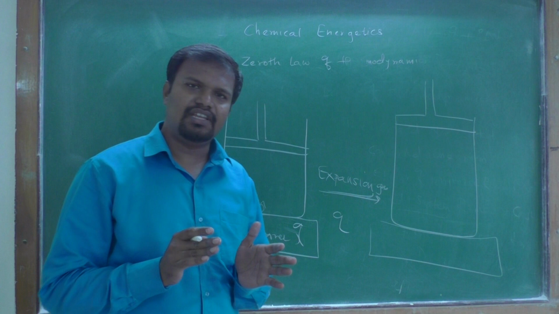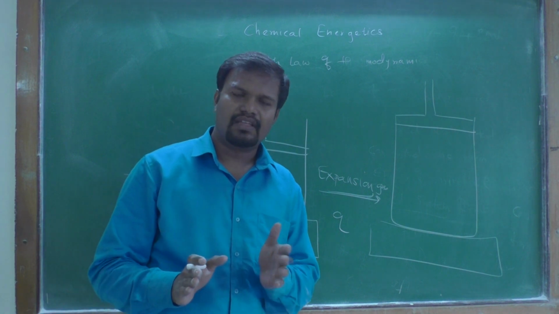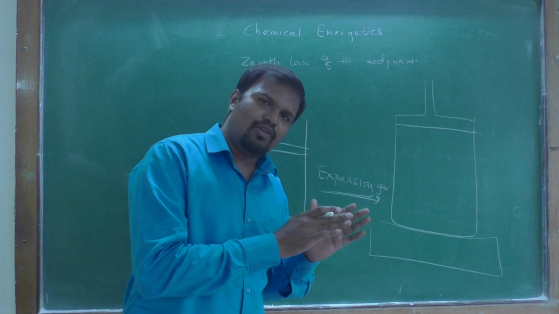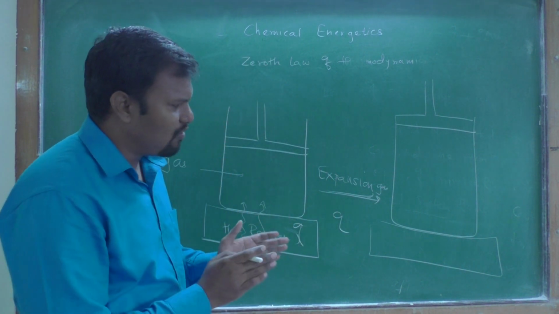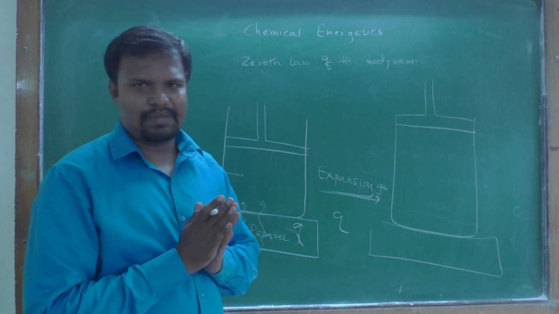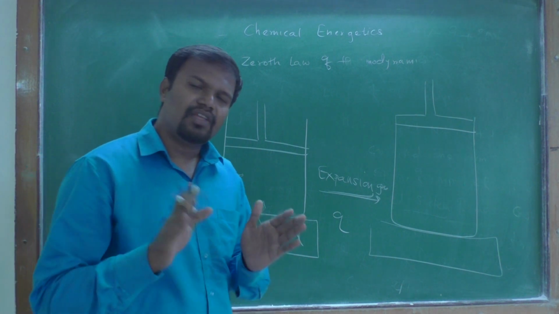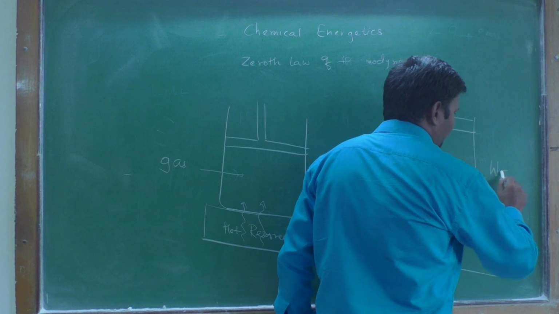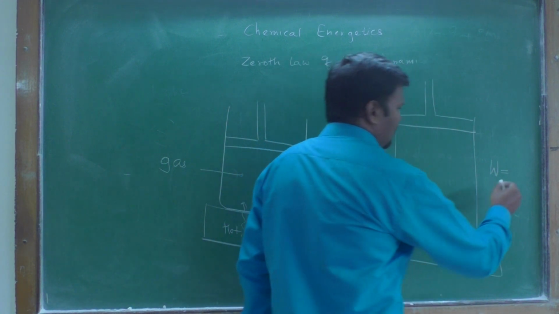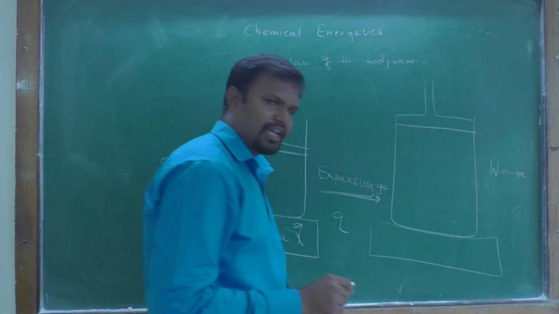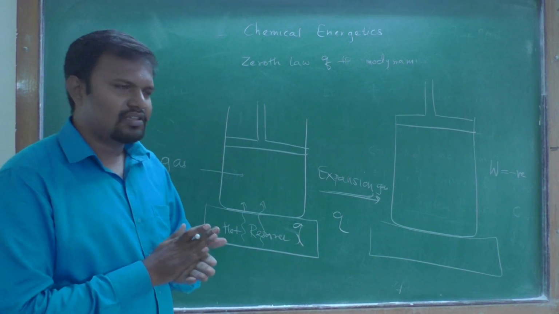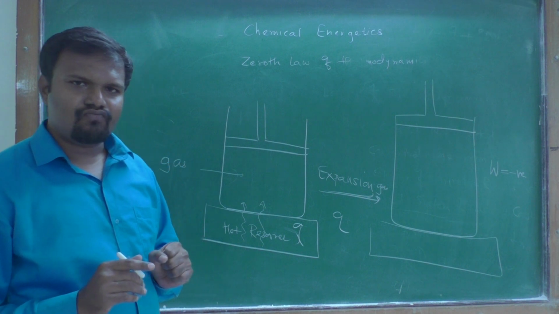Expansion is a kind of negative work. Remember this. Compression is positive work. Therefore, the work done by the system in expansion is negative. Remember, expansion work is negative and compression work is positive.